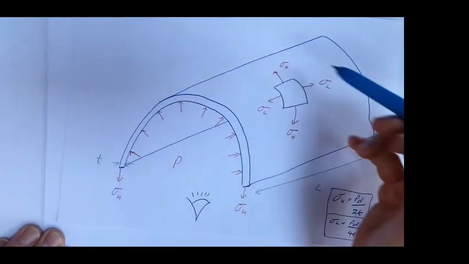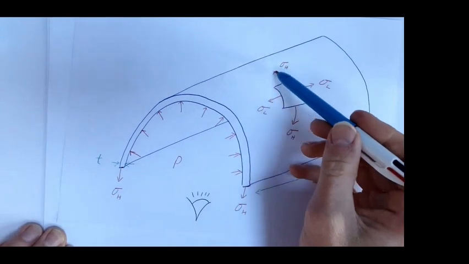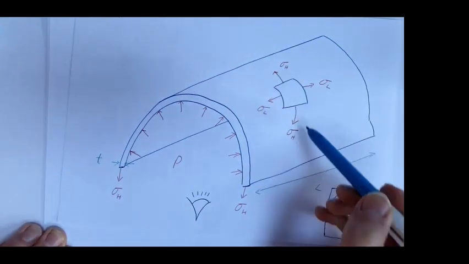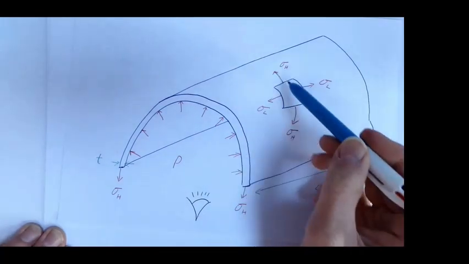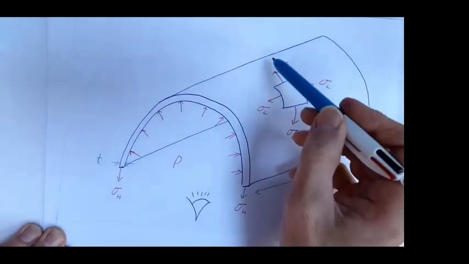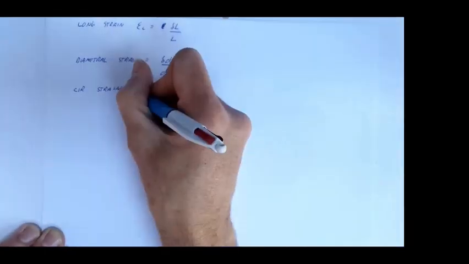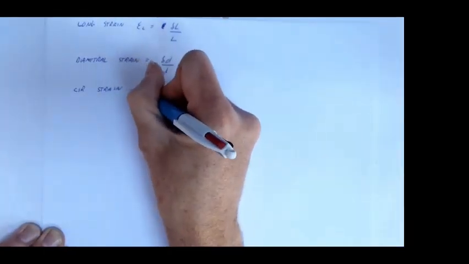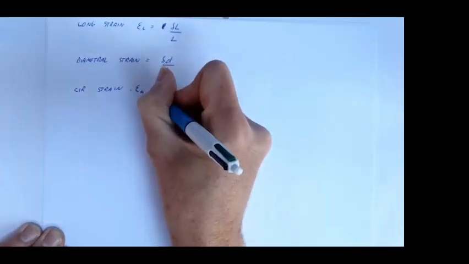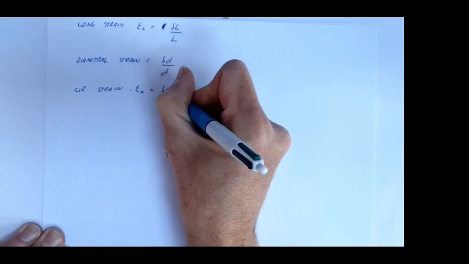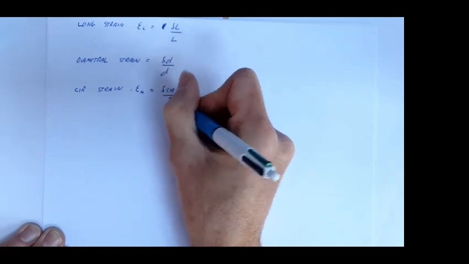Now, looking at our original diagram, the circumferential direction is actually the hoop direction. So the circumferential strain is actually the hoop strain, which we give this symbol. Our hoop strain is equal to the change in circumference over the original circumference.